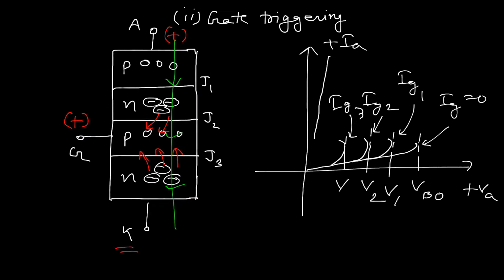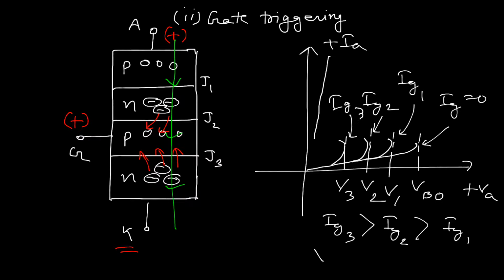Suppose V3. By this phenomenon, we can conclude that if we increase the gate current, the breakover voltage decreases. So we can correlate this relation: Ig3, Ig2 is less than Ig3 and Ig1 is less than Ig2.